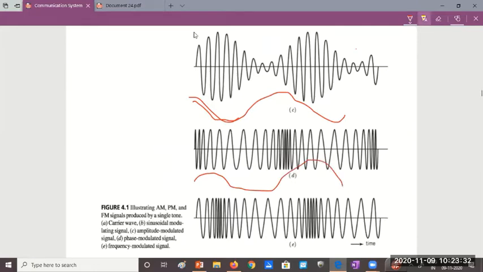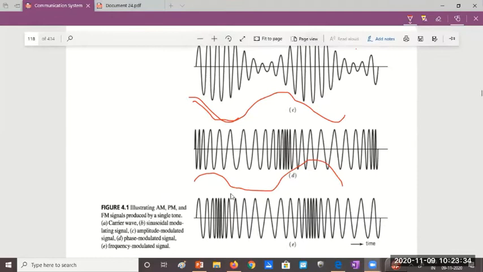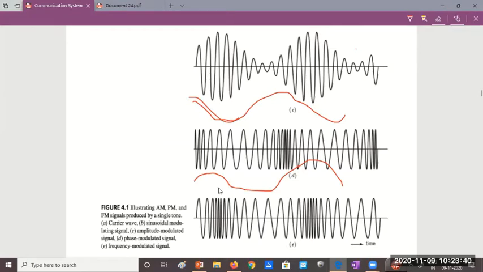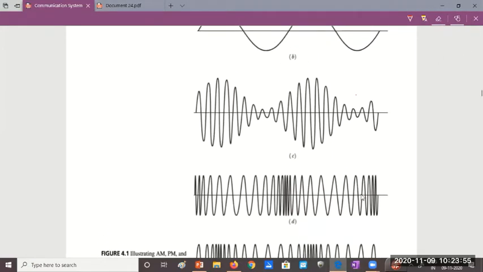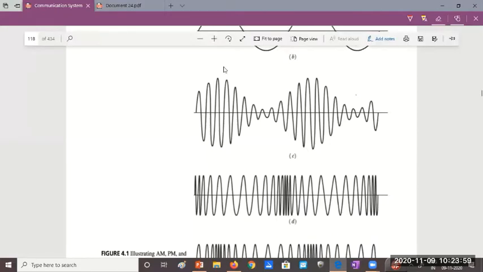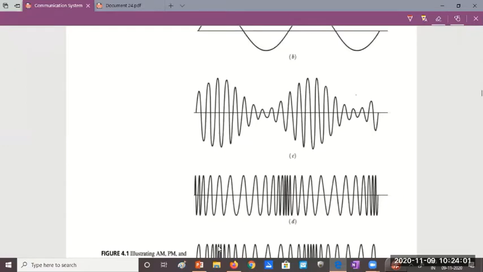So it responds directly to amplitude of your input sine wave, which looks something like this. Okay, so I can't draw neatly here. Anyway, so if you can see it here, your message is a sine, and whenever amplitude of this message is high, you get the highest frequency.